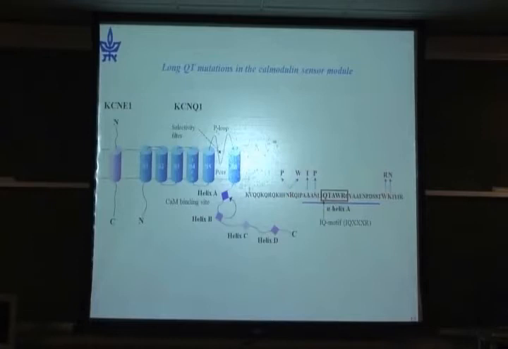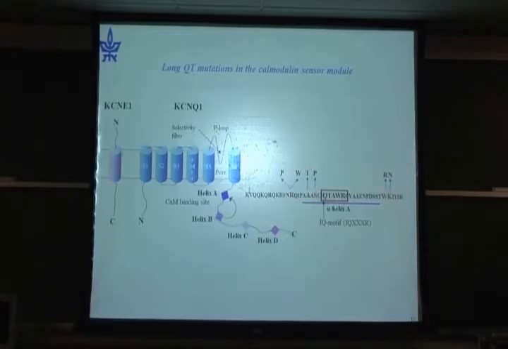So now, illustrating this very important role of calmodulin binding to this proximal part of the C-terminus, helix A and B, I illustrate my purpose by showing the impact of long QT mutations, which are clustered.